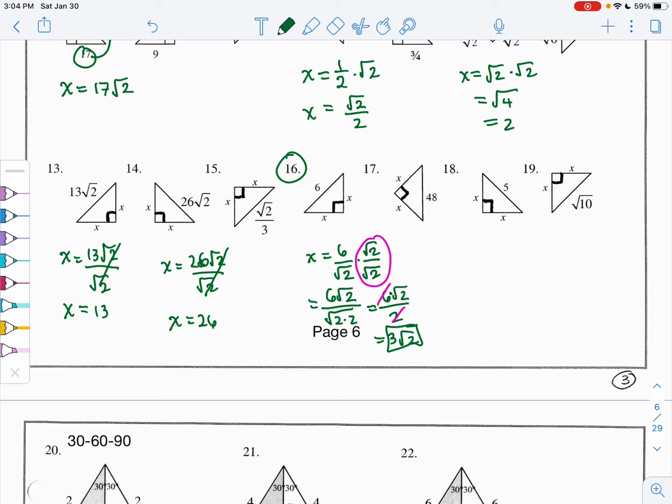So we're going to try this 2 more times. I want you guys to go ahead and try 17 and enter your answer in. Okay, so let's check our work. 48 divided by radical 2, because we're going from hypotenuse back to leg, going smaller, so we divide. We're going to multiply top and bottom by rad 2.